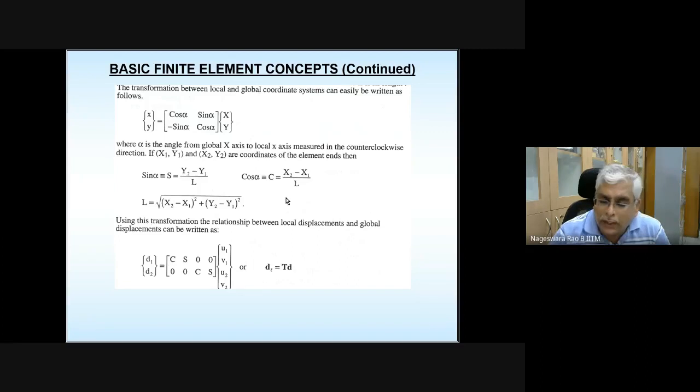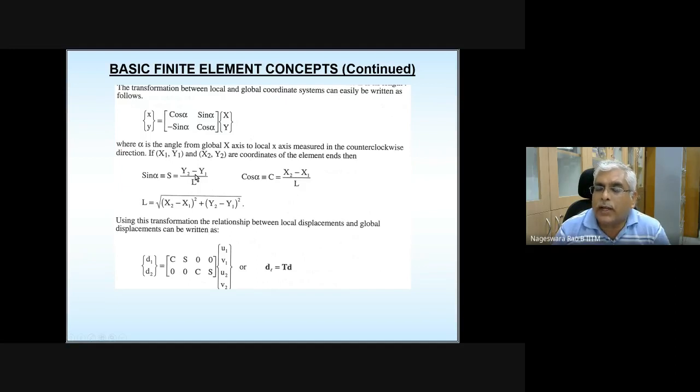You also need to be very careful here. One more thing: I am writing y2 minus y1. What is y2? Y2 is the global y coordinate of the second node of that particular element, and y1 is the global y coordinate of the first node of that element.